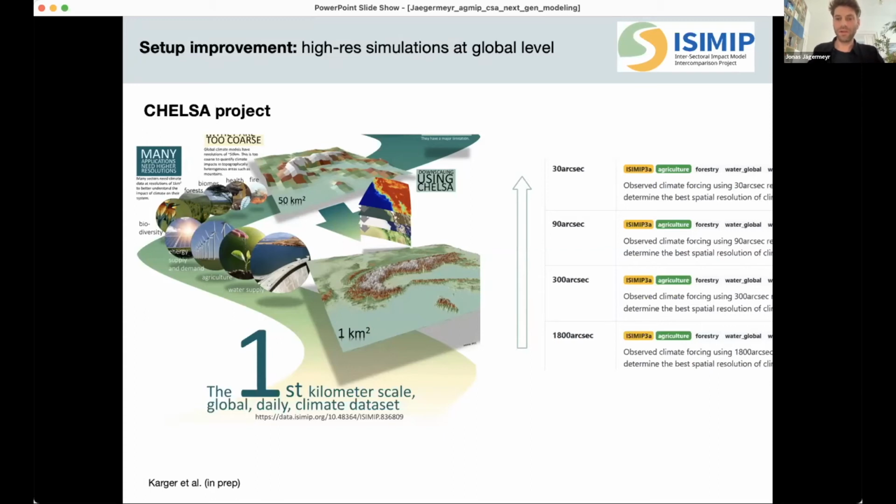So we're simulating half-degree grids, 5 arc minutes, 0.5 arc minutes, and half arc minute to find a sweet spot and to evaluate what the increasing spatial resolution can actually benefit based on the models and inputs we have.